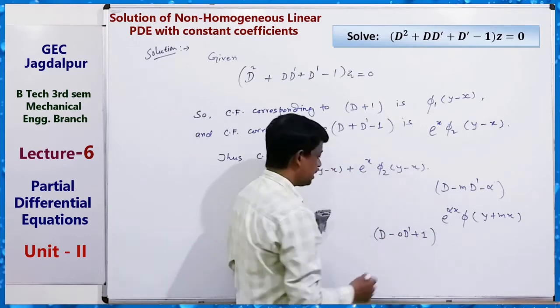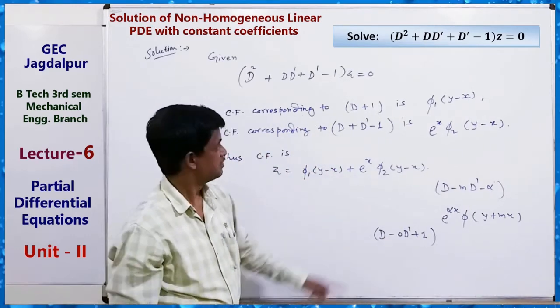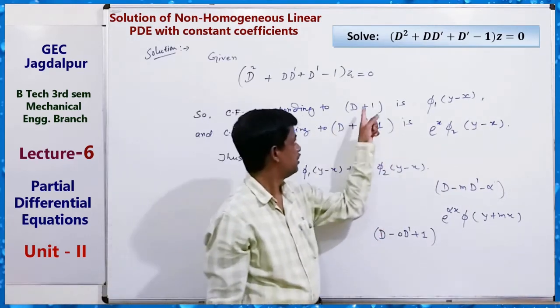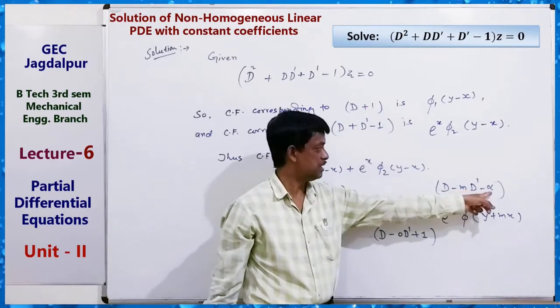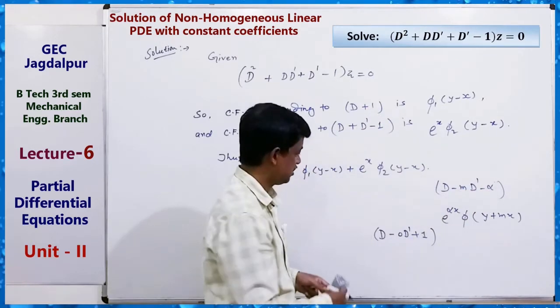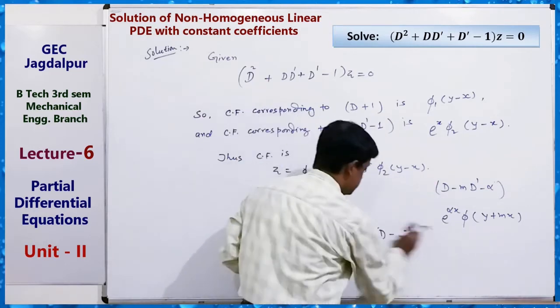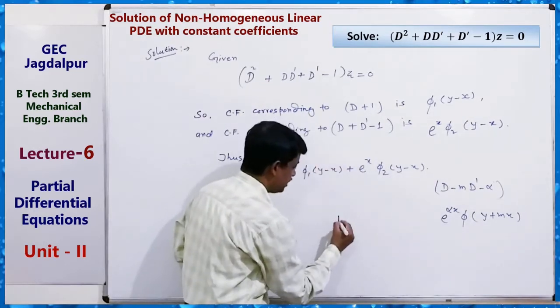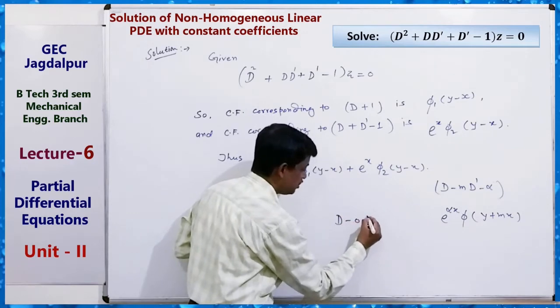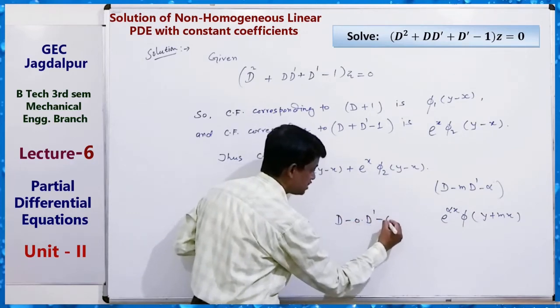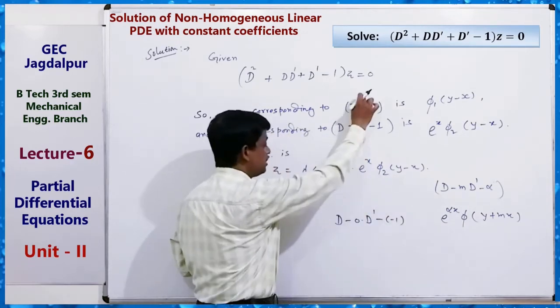You have to consider like this. D + 1 means α = −1, and in place of m you can suppose 0. So (D − 0·D' − (−1)). It can be written like this.